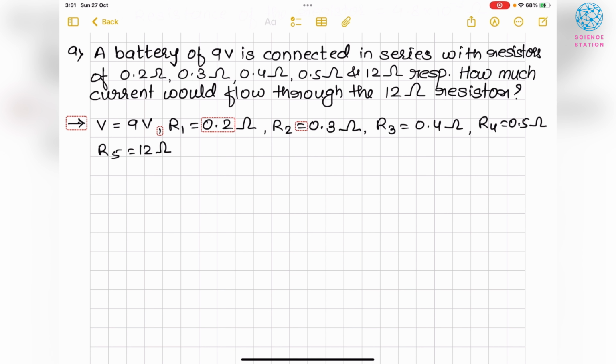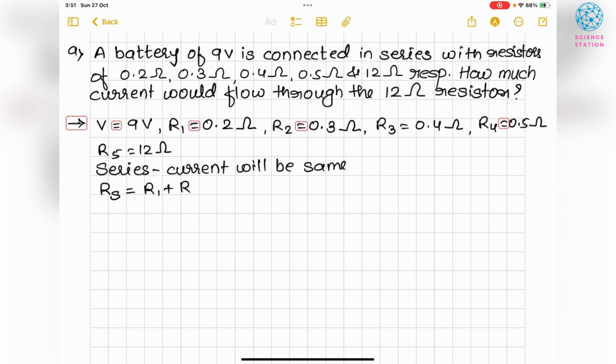Now they are connected in series, so series current is always same. Current will be same. So Rs will be equal to R1 plus R2 plus R3 plus R4 plus R5 and so on. So here 5 resistances are there. So 0.2 plus 0.3 plus 0.4 plus 0.5 plus 12.